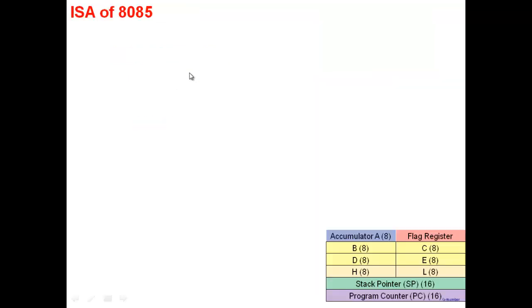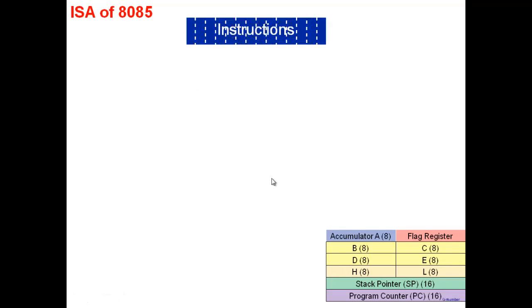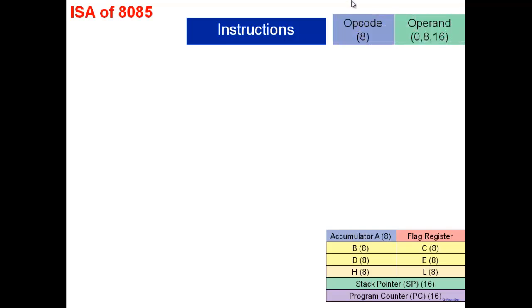Okay, so what are the instructions in my microprocessor? Keep in mind these are the registers that are there. The instructions in a microprocessor generally consist of 2 parts: an opcode and an operand. Opcode tells you what that instruction is supposed to do.